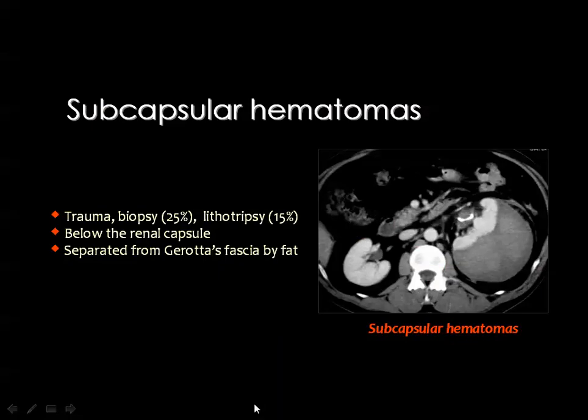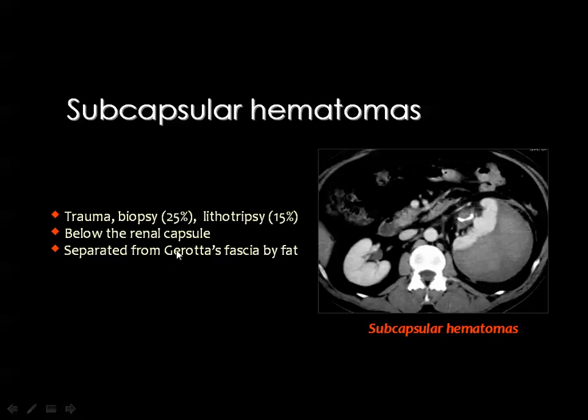And this is a huge subcapsular hematoma seen along the posterolateral aspect of the left kidney, and you can easily appreciate the hyperdensity of the blood here.